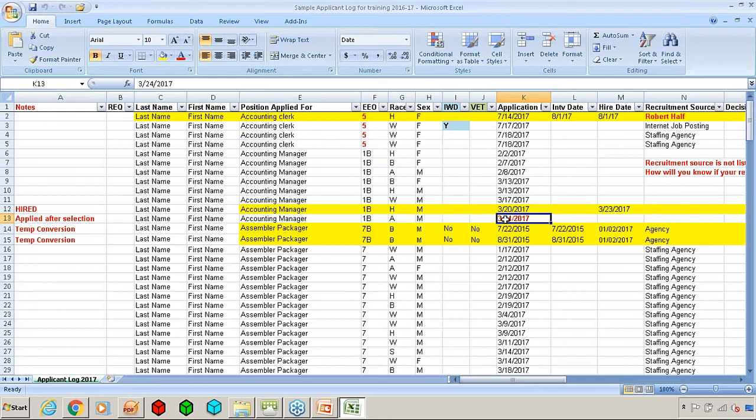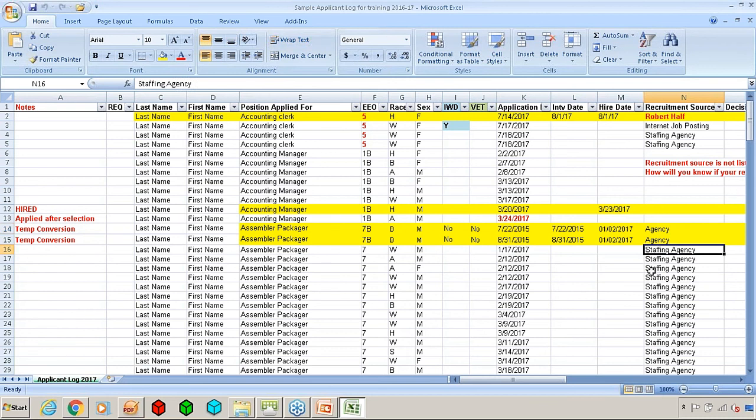So if Employers Group is writing your affirmative action plan, we're going to look for all of these little exceptions and we will communicate with you. In this case, we have an assembler packager. This is a temp conversion, came from an agency.